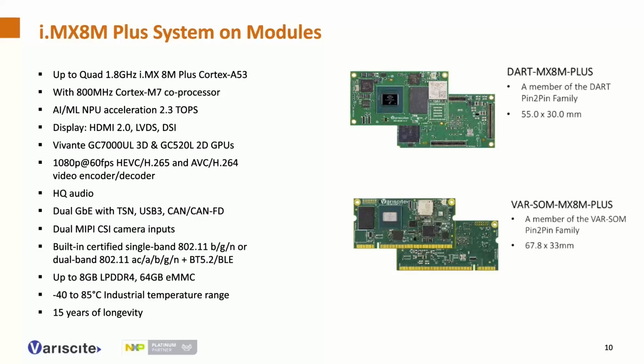So this is the most important thing for us here. And besides that, we have all the other features which help us a lot with the applications. The Cortex A53, HDMI, the GPU, audio, Bluetooth, USB, and pretty much all the other things.